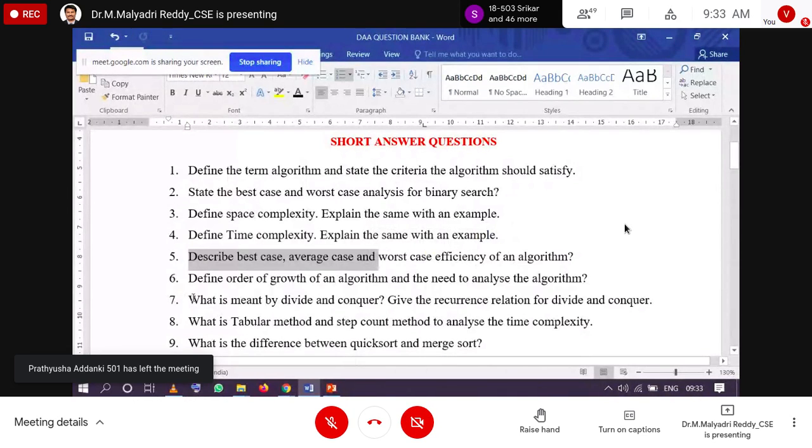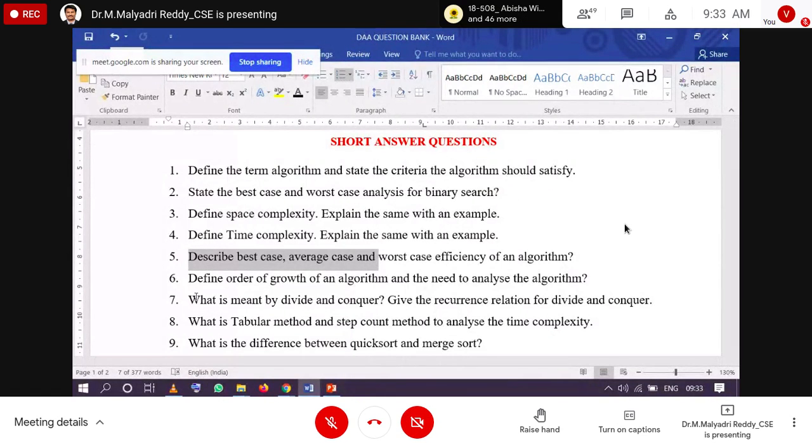What is meant by divide and conquer? Give the recurrence relation for divide and conquer. Let me explain. Divide and conquer is a special algorithm approach. In this, the big problem is divided into subproblems based on the size. If a subproblem is again divisible, again and again we have to divide it until we get a problem that is not divisible.